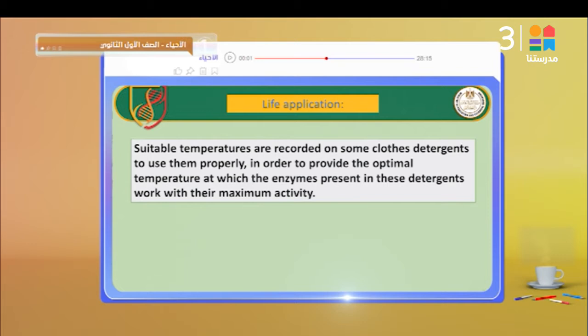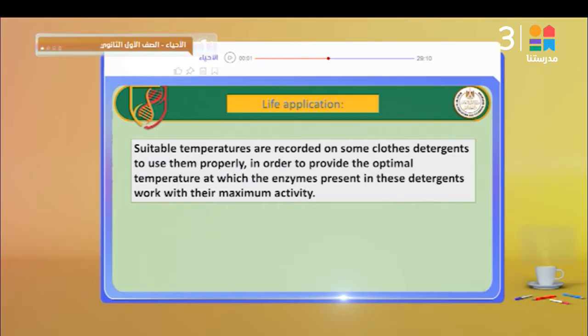Suitable temperatures are recorded on some clothes detergents. اللي هي المنظفات الصناعيه، احنا بنعمل منظفات صناعيه اللي هي بنستخدمها في الكلوزس، في الواشنج كلوزس، لازم بيكون لها تمبريتشرز ولازم يكون لها درجه حراره معينه عشان الانزيم يبقى افشنسي ويقدر يشتغل ويديني كفاءه عاليه جدا بان يقدر ينظف ويعمل كلينرز انسايد اللي هي الايه ميكانيك ماشينز اللي هي الغساله بتاعتنا.